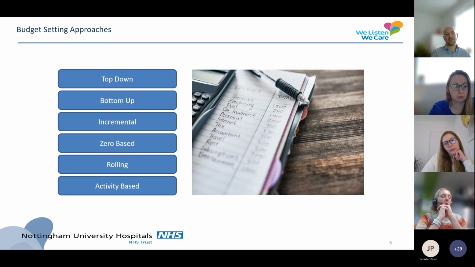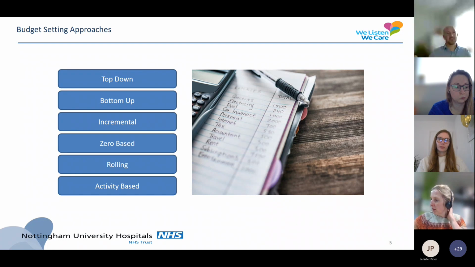Then you can factor through, what are my referrals in from the GPs, how many of those will convert into an outpatient first. You then look at your metrics, how many of those outpatients first are likely to convert into an inpatient spell and surgery. And then, what's the average length of stay? How many beds do I need to house the patients once they've had surgery? And so that's how you start factoring that sort of thing in.